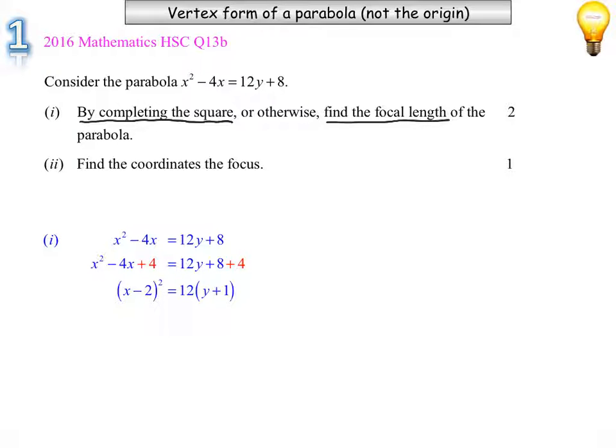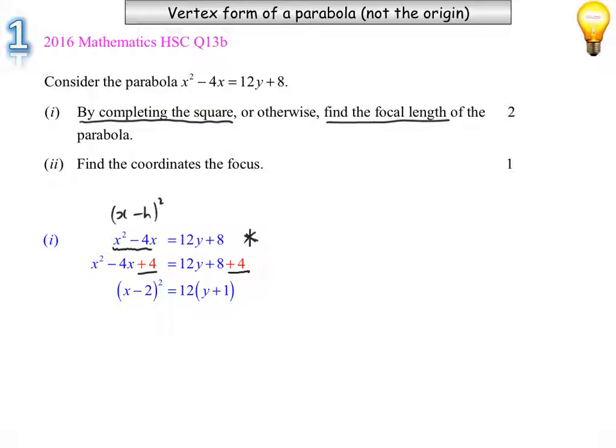All right, so step number one, here's our equation given to us from the question. Remember, we want an x take away something all squared. So we're going to complete the square because we've got x squared take away 4x, but we don't have that number. We halve the 4, square it, which is a plus 4. So we need to add the 4 to both sides.